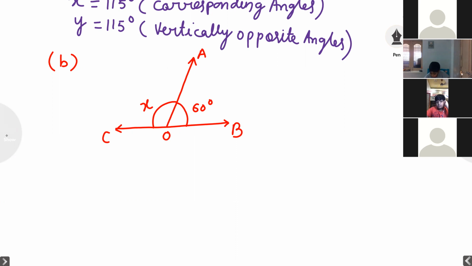Which concept will apply here? Linear pair angle. Yeah, straight angle concept.